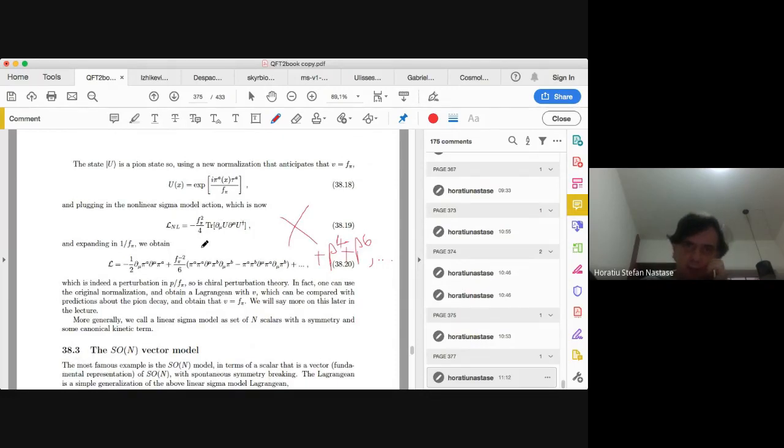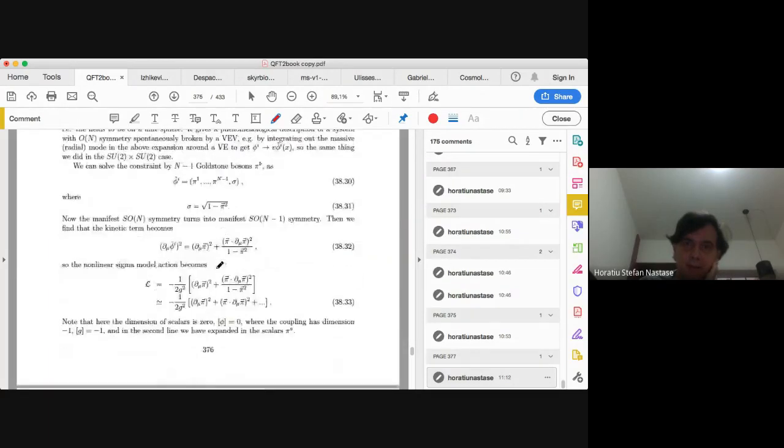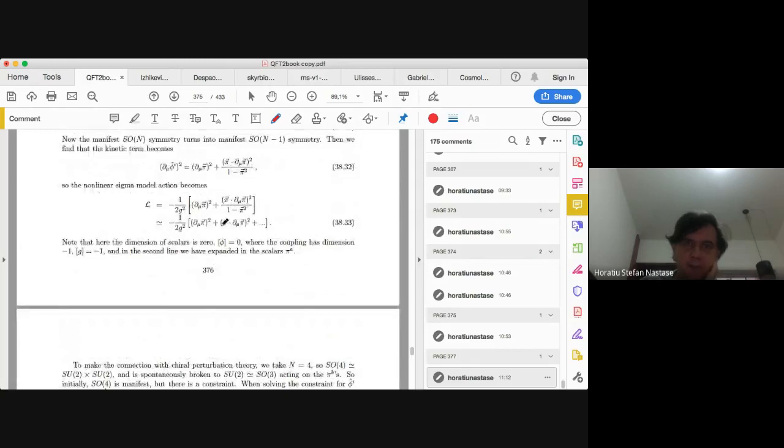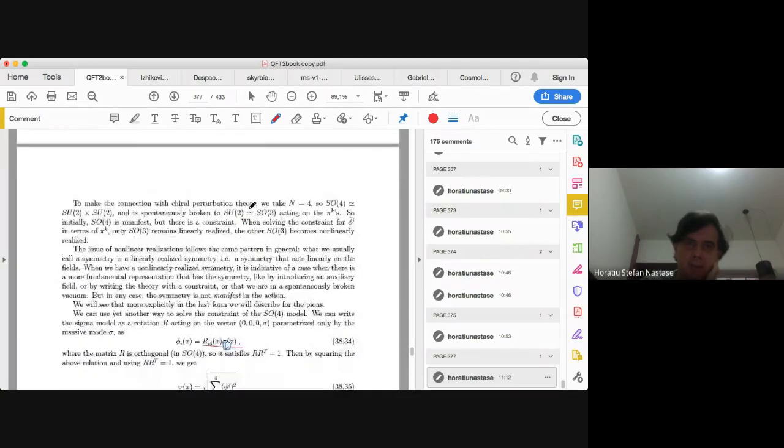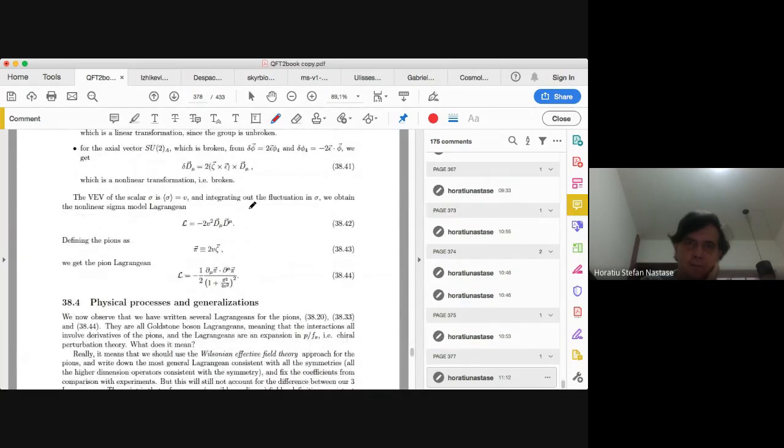So putting this here and expanding, we got this pion Lagrangian. Then we got another form, this one, which was obtained from expanding this. And now we have yet another form, which is this. Okay? So this might be a little bit confusing.